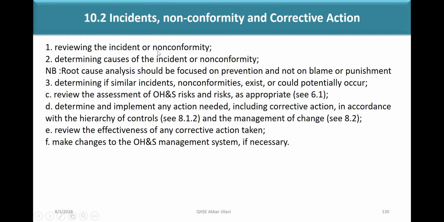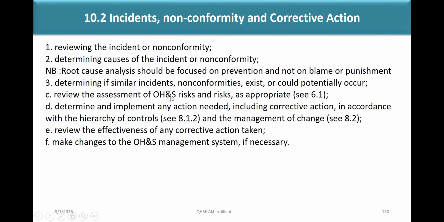reviewing the incident or non-conformity, determining the cause of the incident or non-conformity. Root cause analysis should be focused on prevention and not on blame or punishment. Determining if similar incidents or non-conformities exist or could potentially occur.